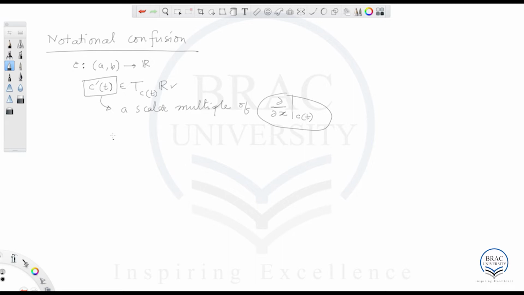The derivative of a real valued function is also denoted by this notation in calculus, and it's customary to denote this as c prime of t in the calculus of one variable. Single variable calculus, we do that.